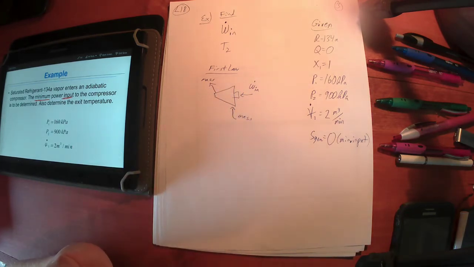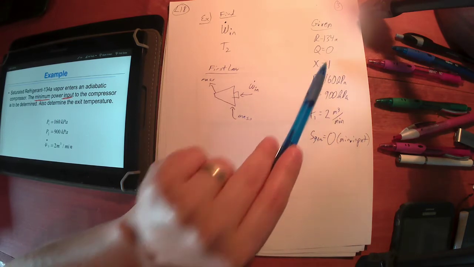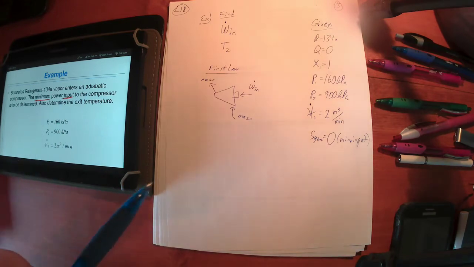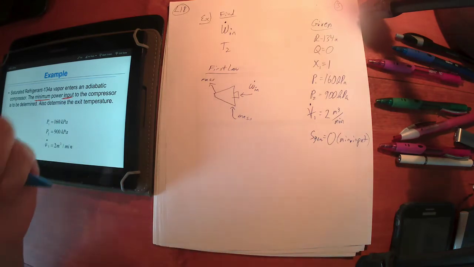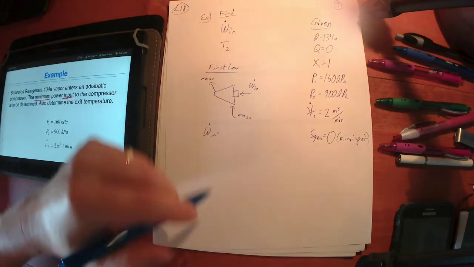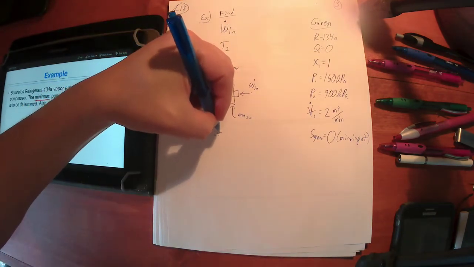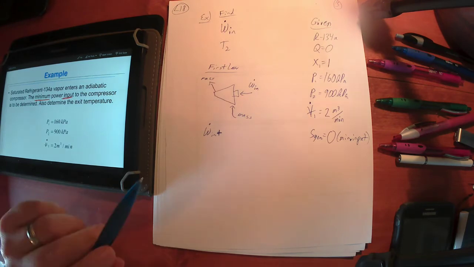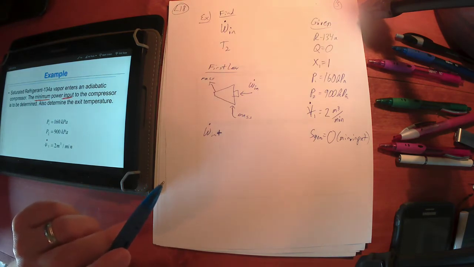What else could cross the boundary? Well, it could be heat. Do we have heat here? No. Adiabatic. They told us no heat transfer. So looks like the first law, again, just add the in, subtract the out. So I've got power input plus the energy of the mass in minus the energy of the mass out is equal to 0.